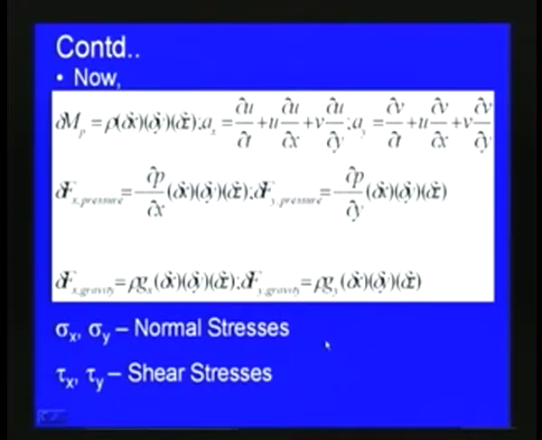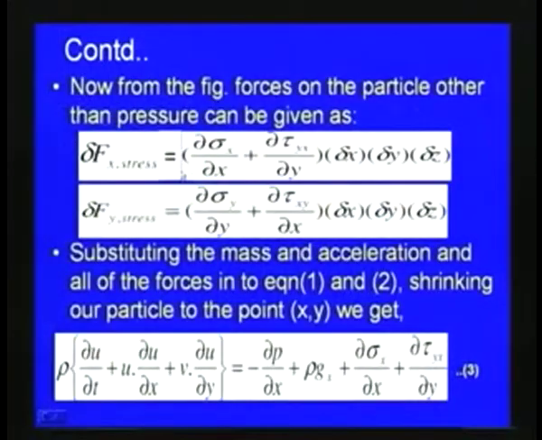Here the stresses are the normal stresses and the shear stresses. Depending upon the flow case we consider, shear stresses are definitely there, and normal stresses depend upon the problem we consider. Now all the stresses are shown here.